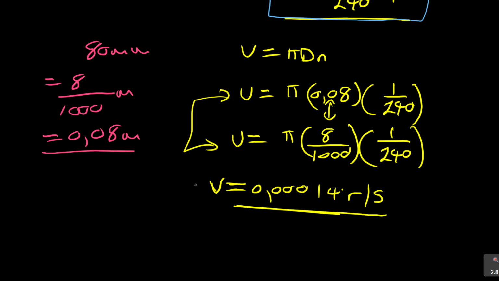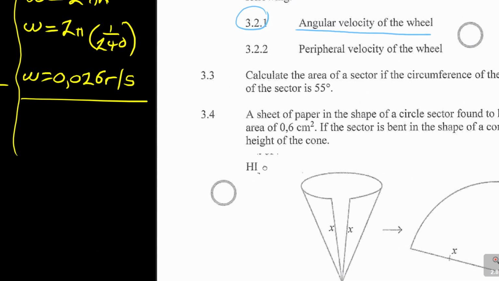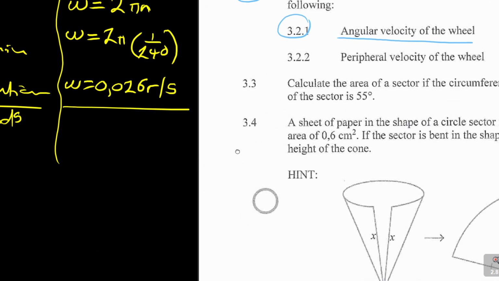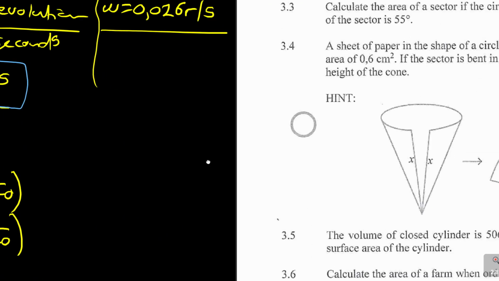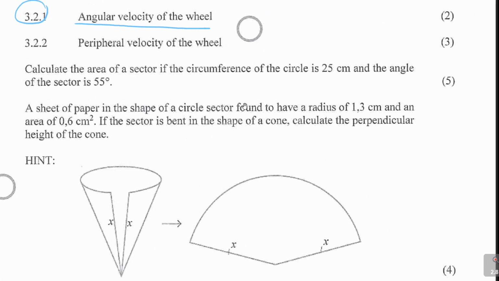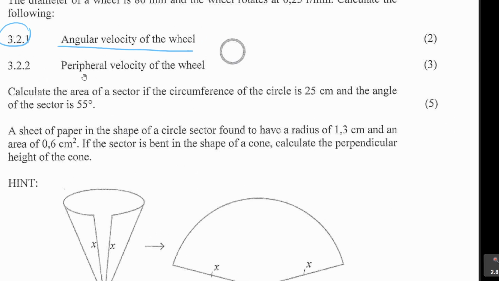Are you with me? Because they were talking about the rotational, what did they say? Peripheral velocity is rotations per second on this one. Alright, so that is that peripheral velocity of the wheel.